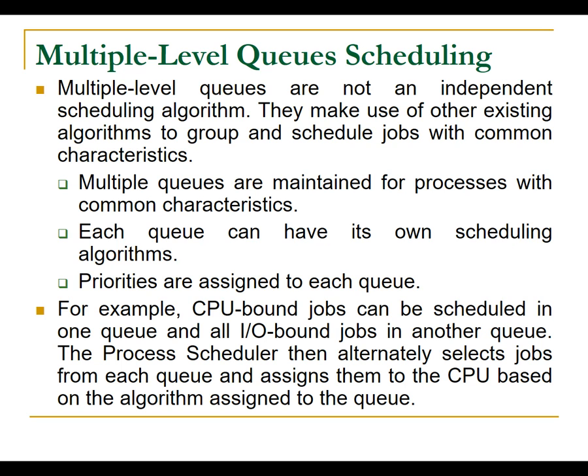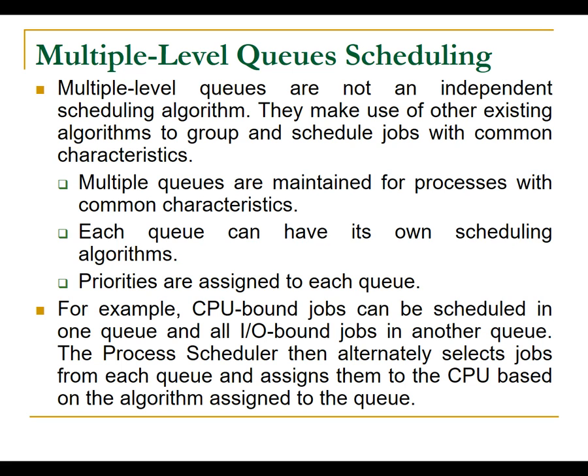And the third and last one is actually the benefit of this particular scheduling algorithm: priorities are assigned to each and every queue. One example is mentioned next to this line. Suppose the central processing unit bound jobs can be scheduled in one or more queues, and all input output jobs in another queue.